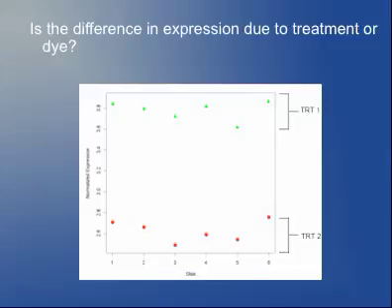You can't tell if the differences in expression between treatment 1 and treatment 2 are due to the effects of the treatment, or if one of the dyes simply hybridizes better than the other dye, so it creates the impression that expression level is higher in that particular dye due entirely to dye bias.